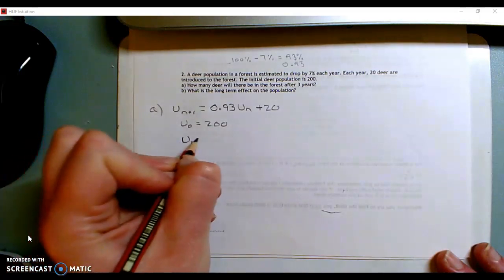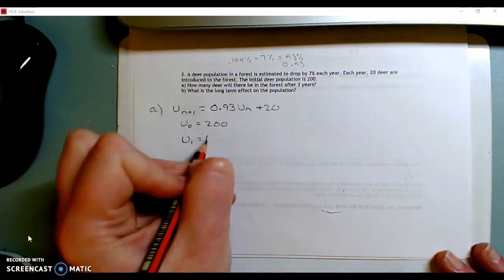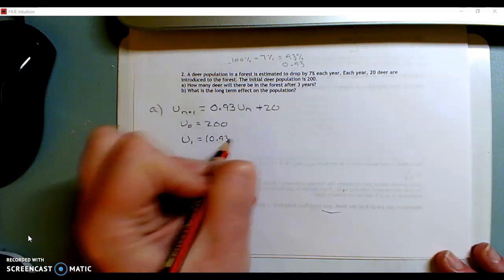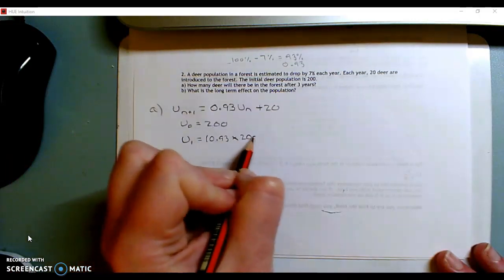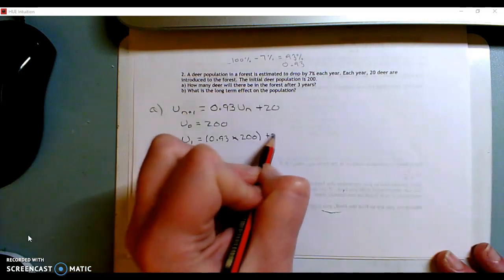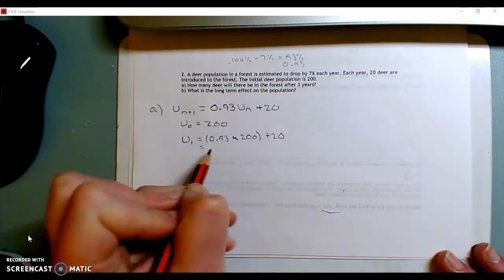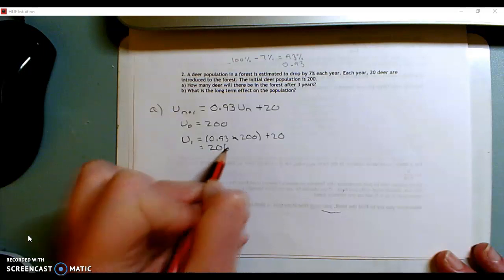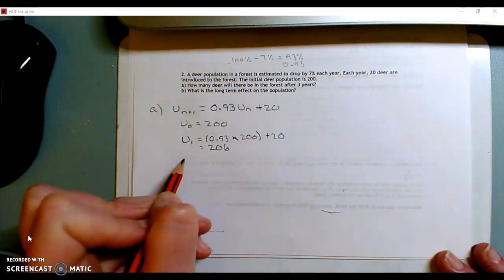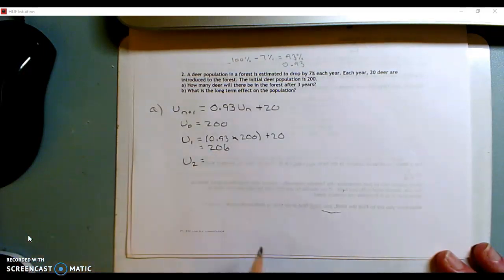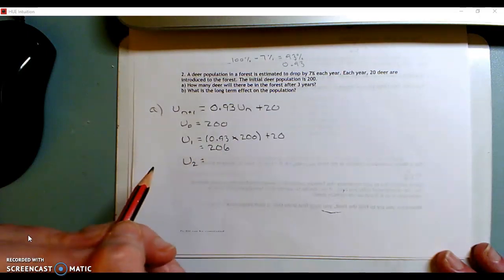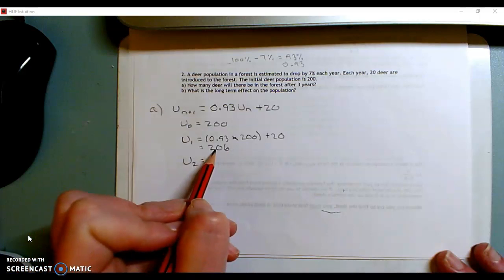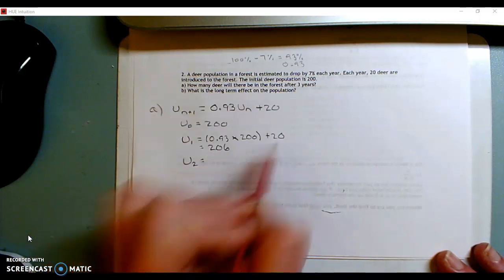To get the first year, we're going to take 0.93 and multiply it by my current term of 200, and then we're going to add 20. And that will leave us with 206. We'll repeat for the second year. I'm going to take 0.93, multiply it by my current term, which is 206, and add 20.